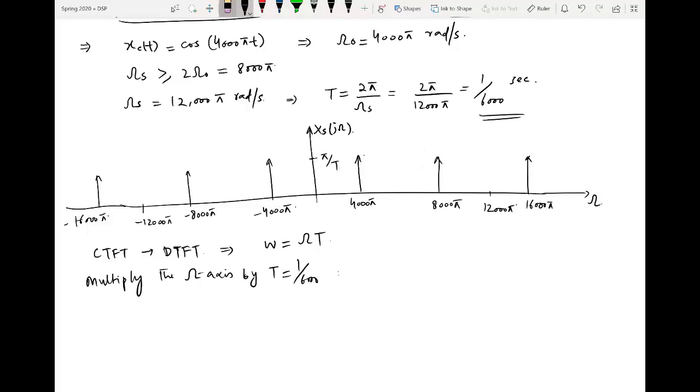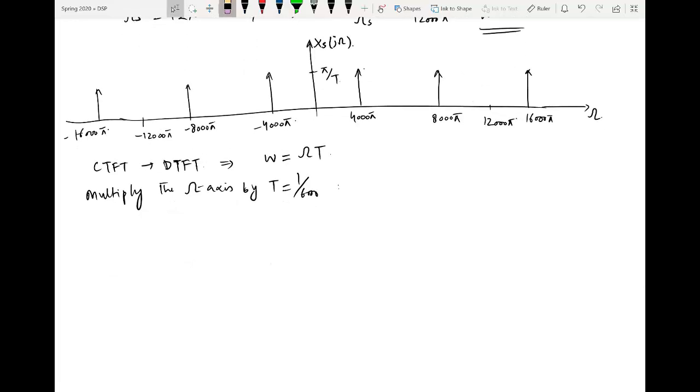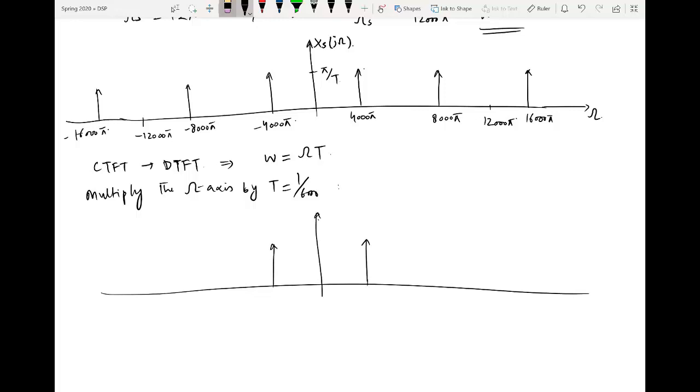So after doing this, what will happen? We just multiply by 1 over 6000 to come up with this thing. All the things will remain the same, but this point will go to 2 pi by 3, and it is minus 2 pi by 3.